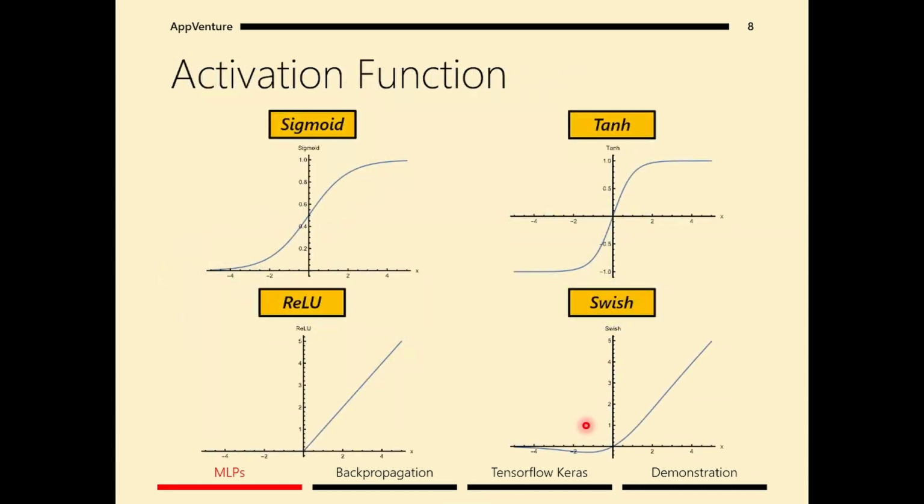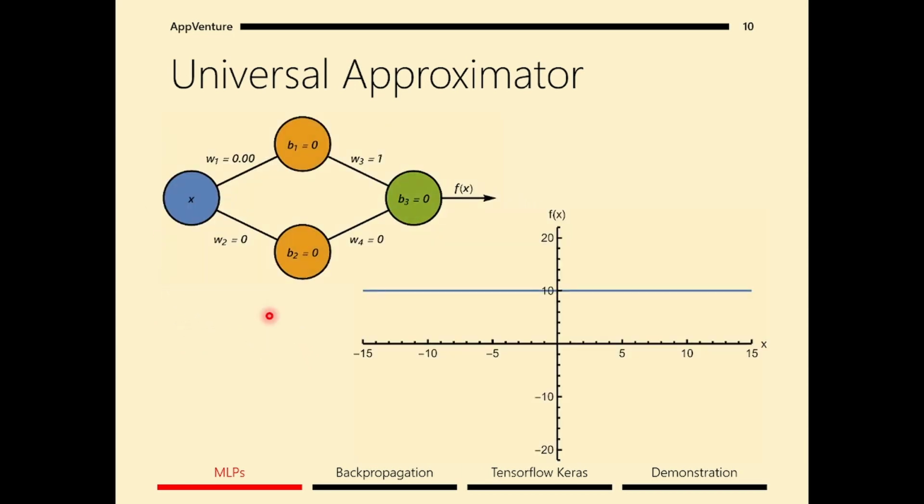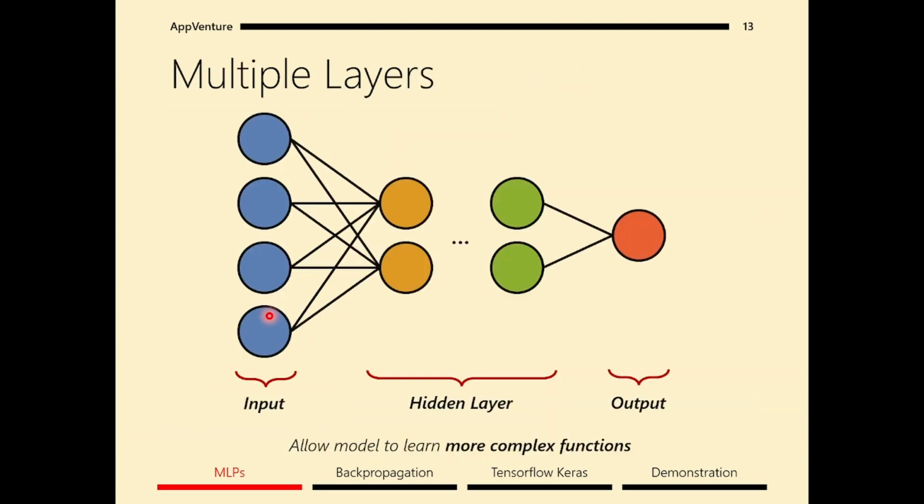Now I'll explain why multi-layer perceptrons are so powerful. You can stack the neurons in multiple layers like this. You'll have an input layer, and each of these nodes receives one input.